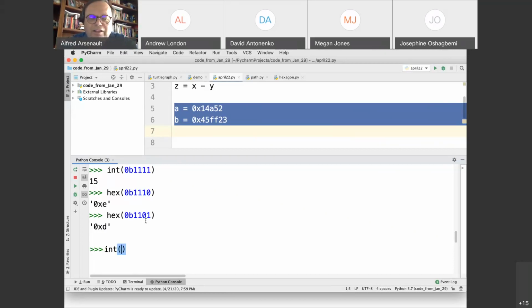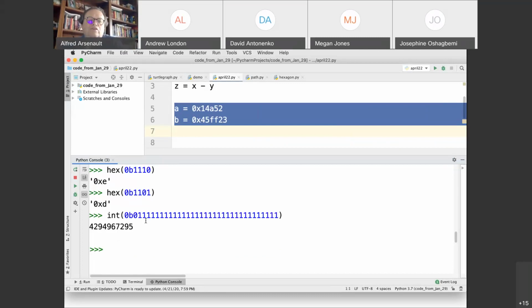So, for example, I want to take the integer value of 0b0. There we go. I think that's correct. And that is the largest integer I can store in a 32-bit word.